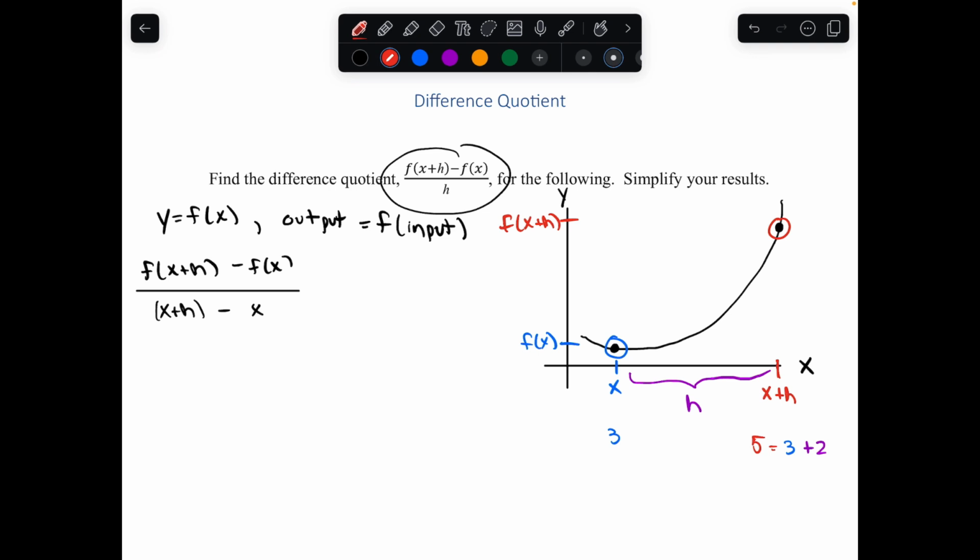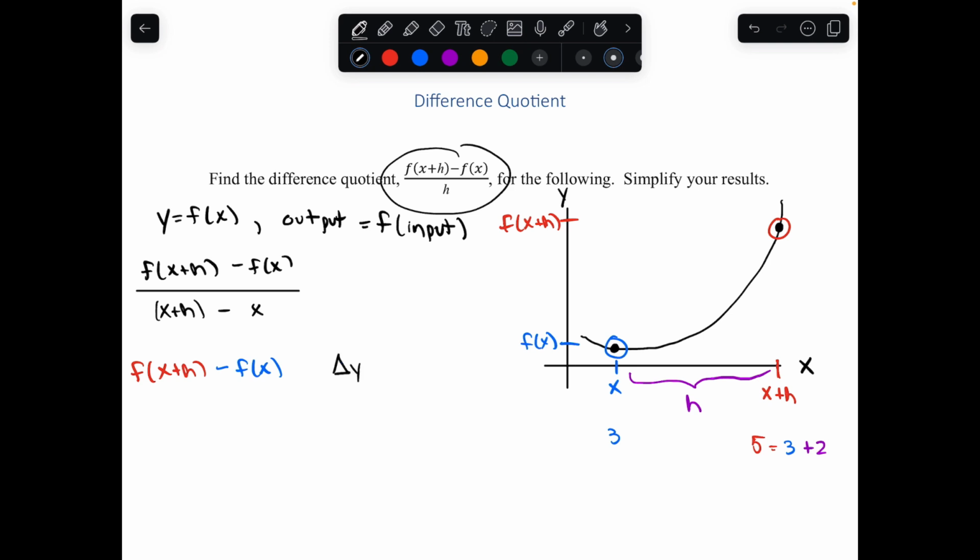So now let's go back to our equation and look at things in a different lens. The numerator is f of x plus h minus f of x. But what is that? This is saying the y value of my red point minus the y value of my blue point. It's the difference of y values, or delta y.